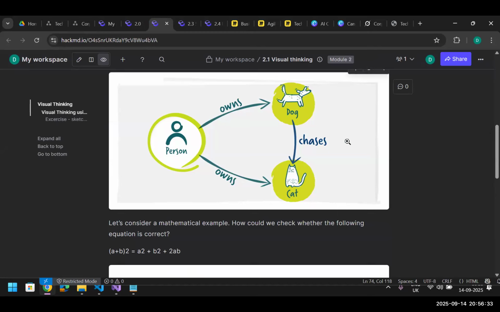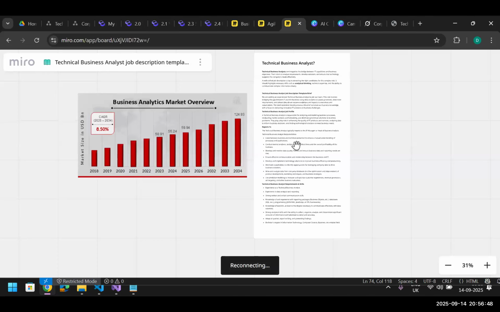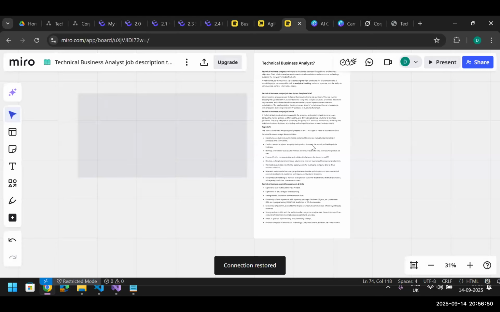This is worth it for a business analyst, as it helps to understand functionality by understanding the business, then slowly move into the technology. This is what I made: the technical business analyst.